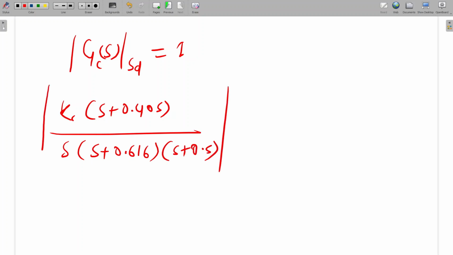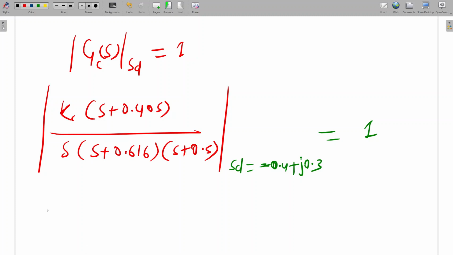So this whole magnitude at S D equal to minus 0.4 plus j 0.3 should be equal to 1. Okay, so this is the magnitude criteria we can apply.